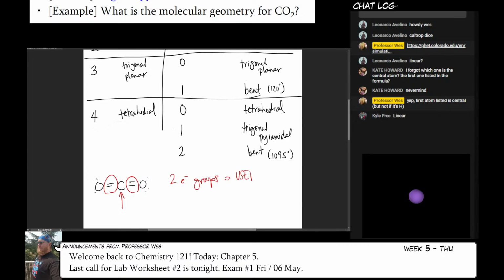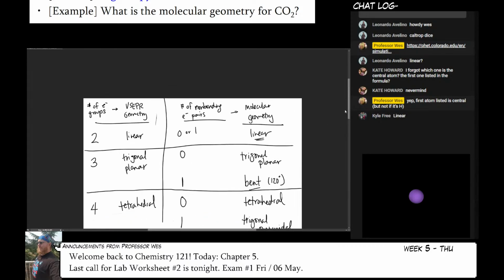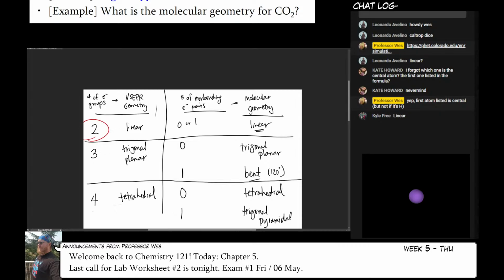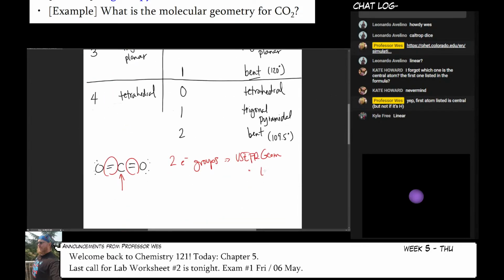means that its VSEPR geometry is what? And we go up here, and you see, oh, well, two electron groups is always linear, right? Of those 2 electron groups that I circled, how many are non-bonding electron pairs? 0 are non-bonding electron pairs.